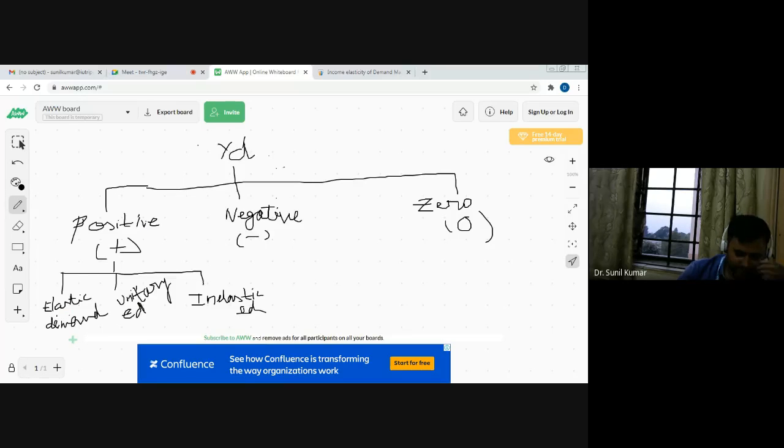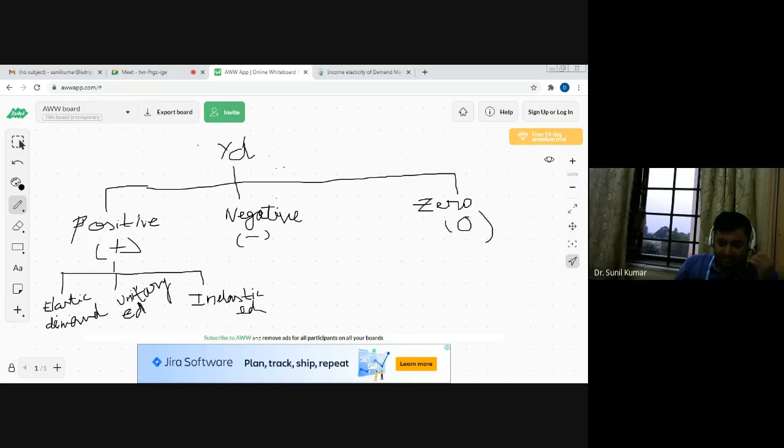Just see, elastic demand means quantity demanded rises by 15% when income is raised by 10%. That means when income increases by just 10%, he increases demand by 15%. In unitary elasticity of demand, if income increases 10%, then demand also increases 10%.